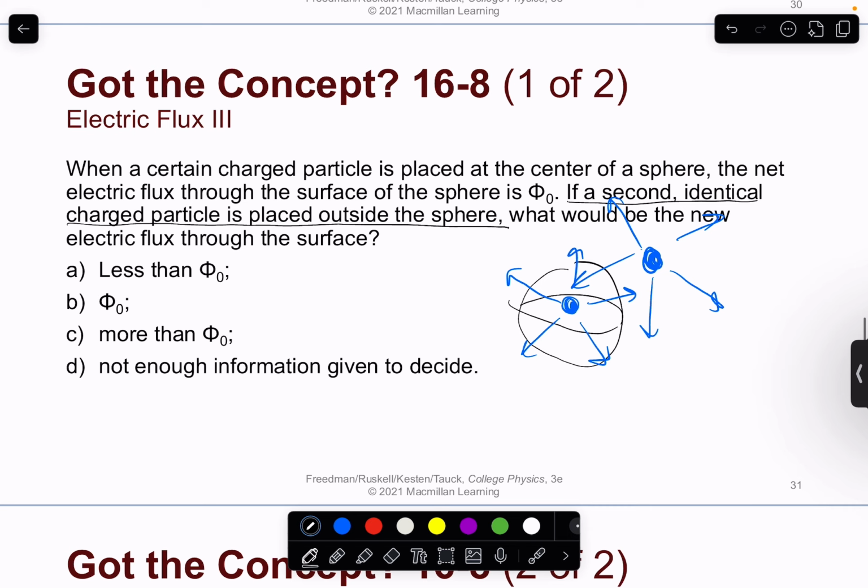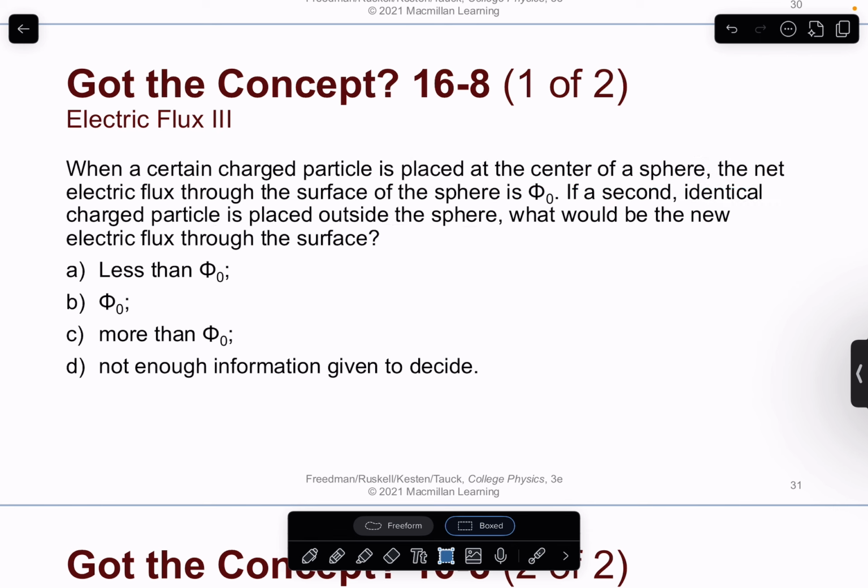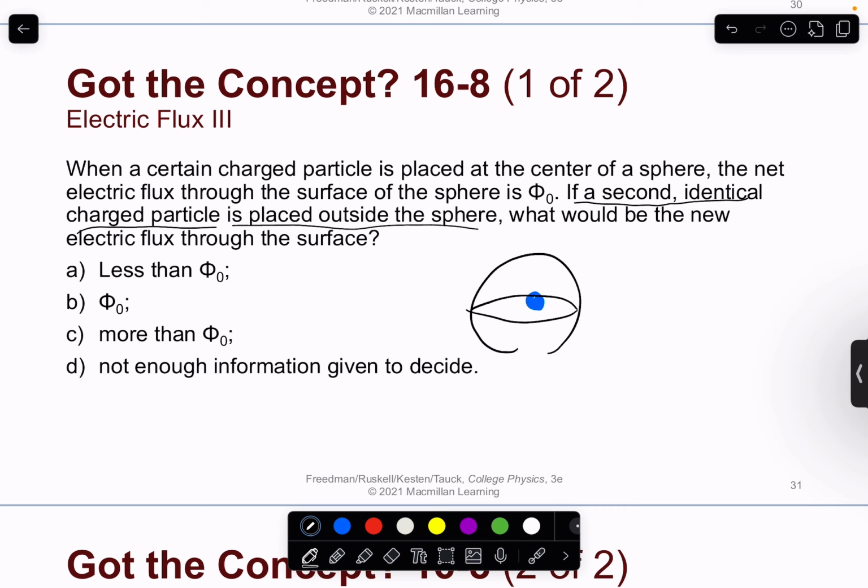Let's look at this, got the concept. So we start off with our charged particle in the center of a sphere. If a second identical particle is placed outside the sphere, what would be the new flux through the surface? So we place a particle out here. What would be the new flux through the surface?